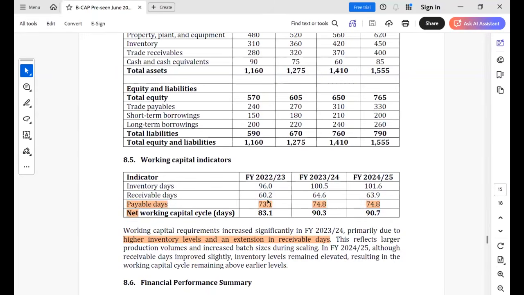So how to minimize this? If you can reduce the inventory days, say 90 instead of 96, or bring it down to 60 days, that is ideal, because you are making to order. Why do you have a higher number of inventory days? Because you are importing, and for import there is also sailing time.